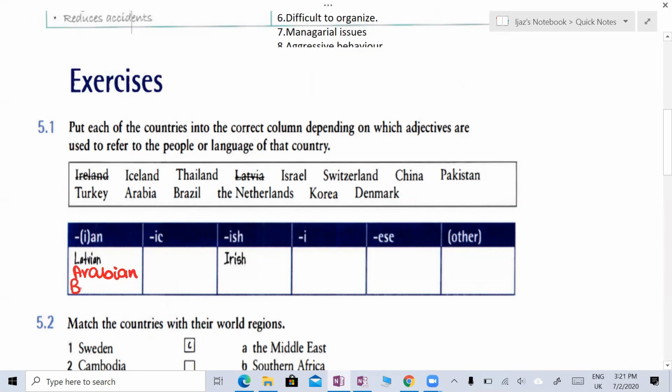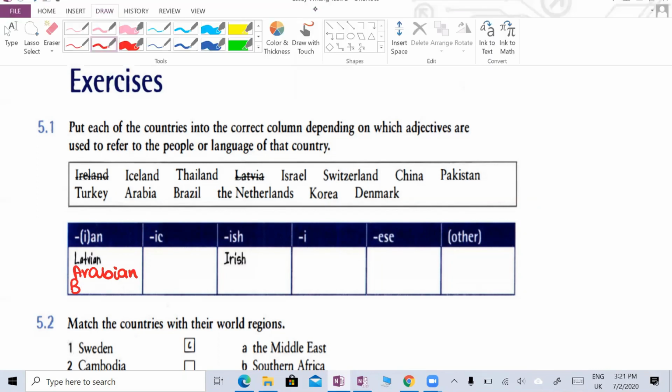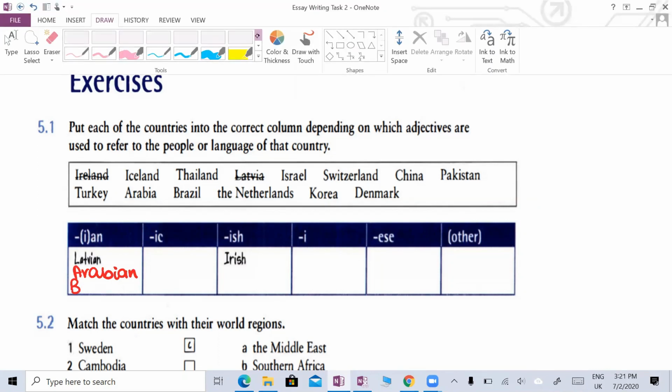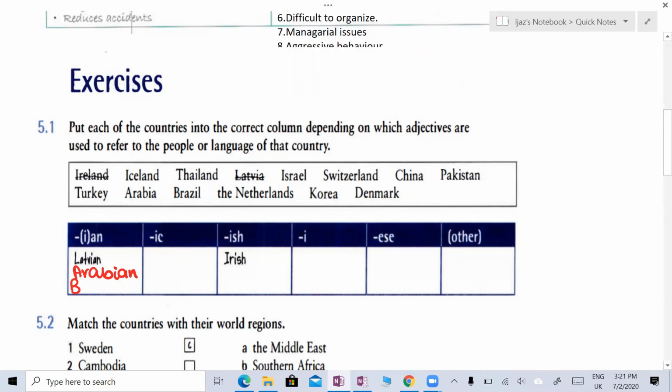Korean. Yeah, let me write it here. The first one we can say Arabian. Then we have Latvian. Then we have Brazilian, Korean. Brazilian and Korean.